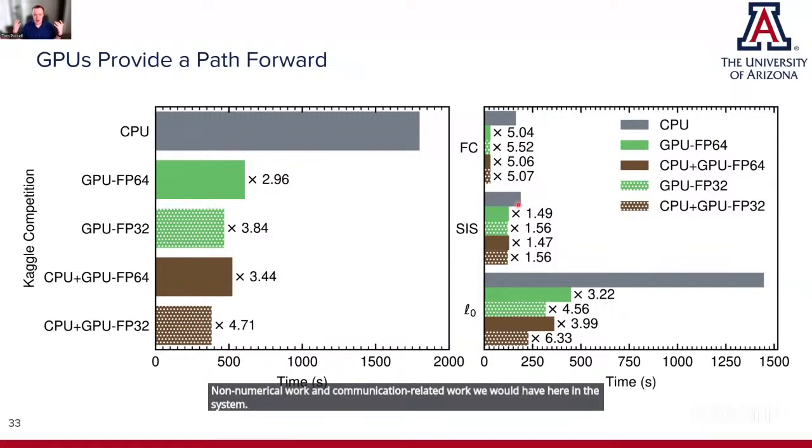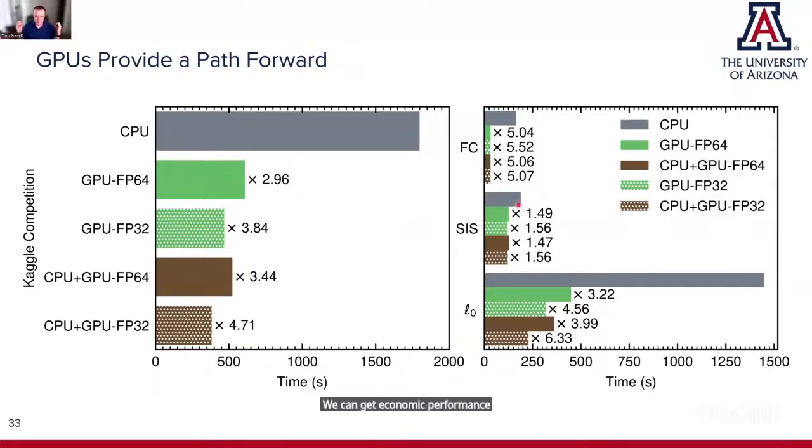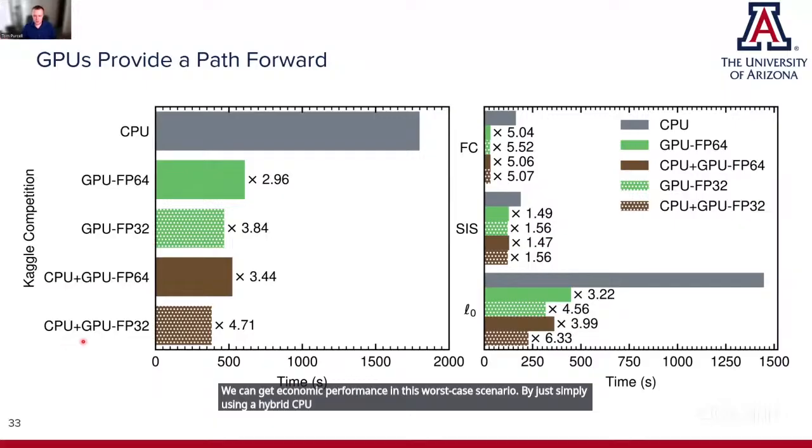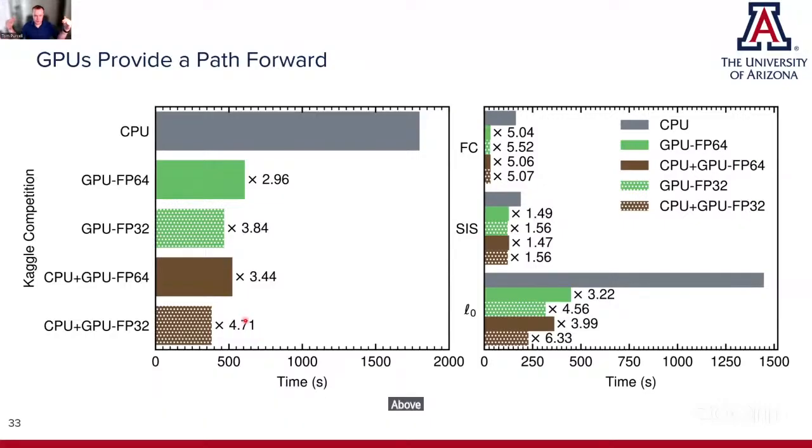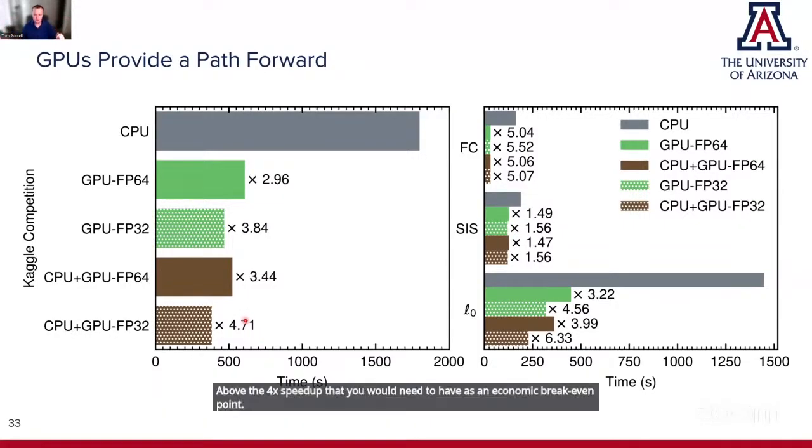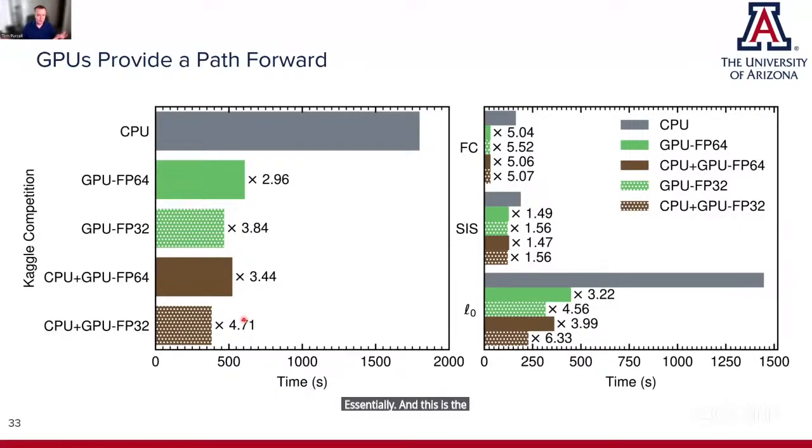We can get economic performance in this worst-case scenario by simply using a hybrid CPU plus GPU approach with single precision numbers. So we see a 4.71 times speed up, above the 4 times speed up that you would need to have as an economic break-even point, essentially. And this is a worst case scenario. We do have better results from more realistic systems.